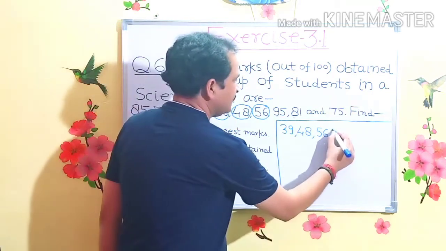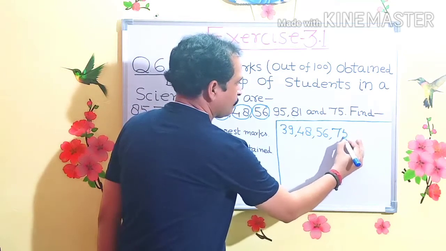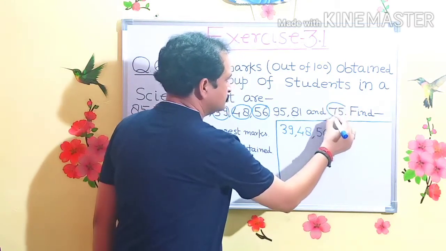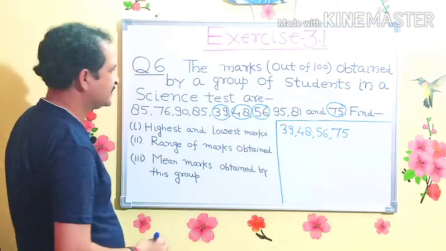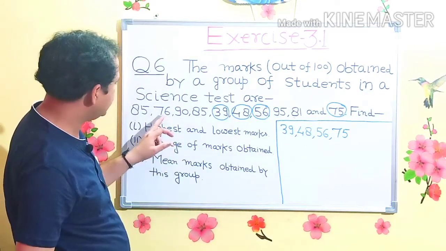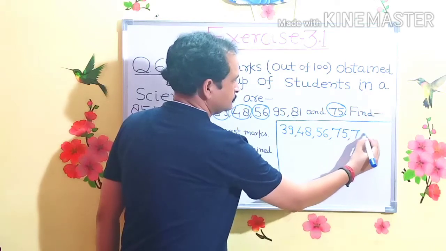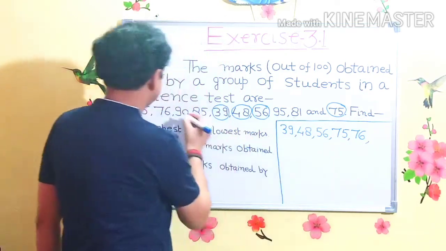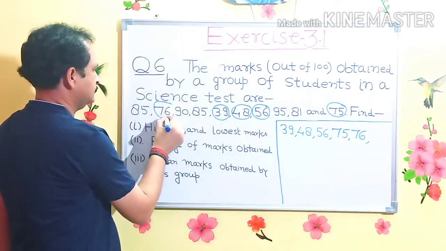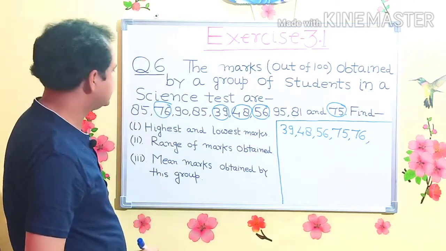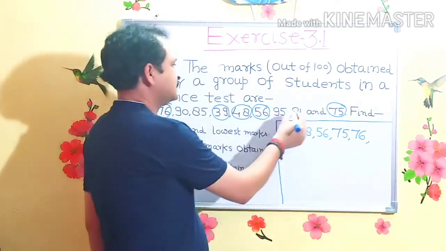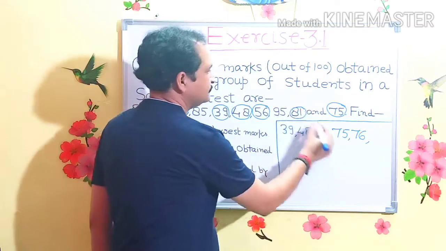Now 75. After 75 the next lowest mark is 76. After 76 the next lowest mark is 81.